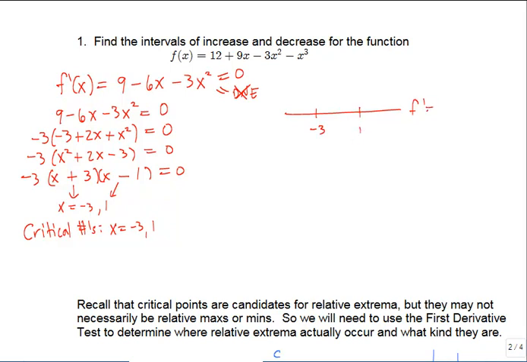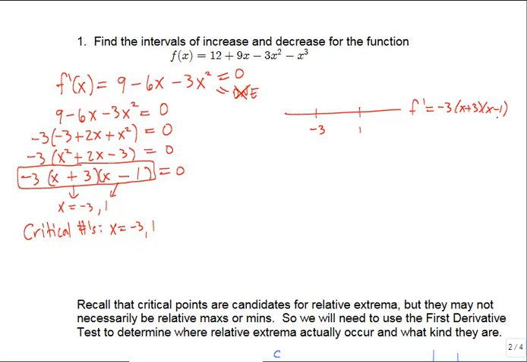And I always like to write down next to this number line which derivative it's for, and I'm going to write down its rule. The rule that I want to write down is the most simplified, most factored rule that I came up with, which for me was right here. So I'm going to write down negative 3, x plus 3, x minus 1.